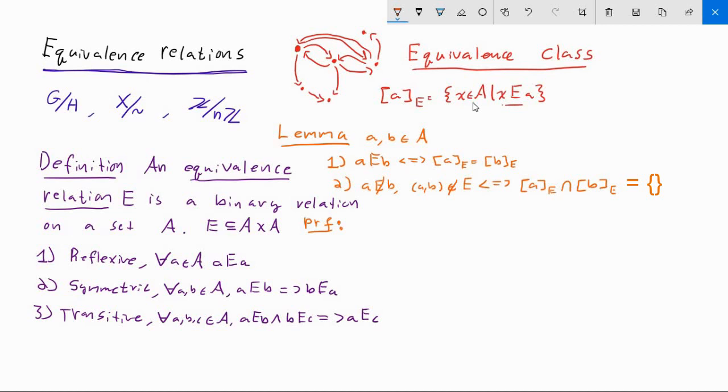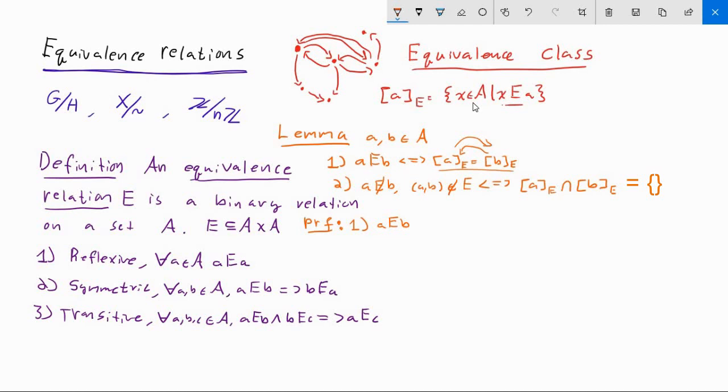So we'll, of course, start with the first part of the lemma, and we'll start with the first implication. Suppose it were the case that a and b are two elements of A which are related through E. In order to show that the equivalence class of a is equal to the equivalence class of b, we have to show that all the elements of the equivalence class of a belong to the equivalence class of b, and all the elements of the equivalence class of b belong to the equivalence class of a.